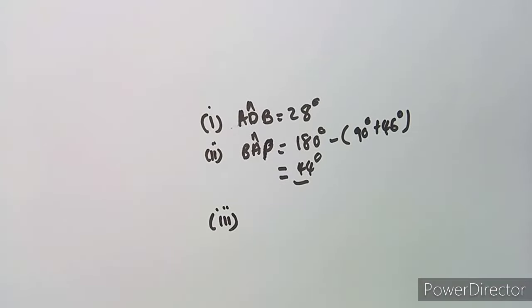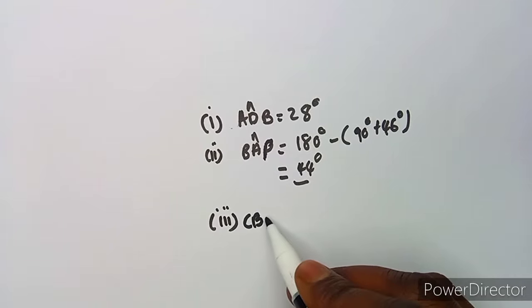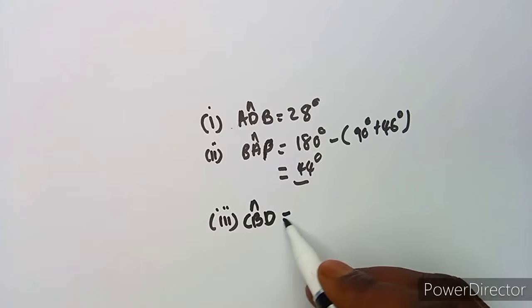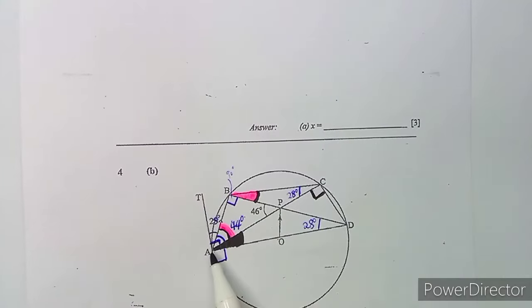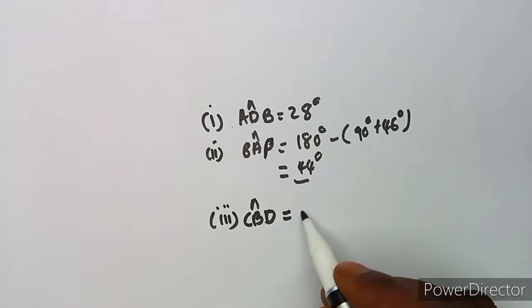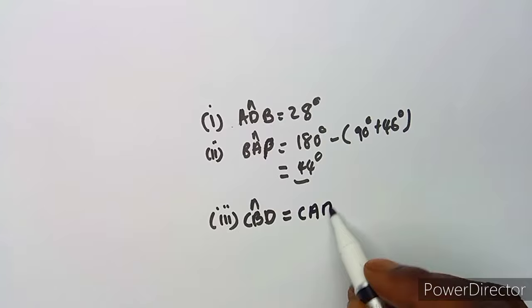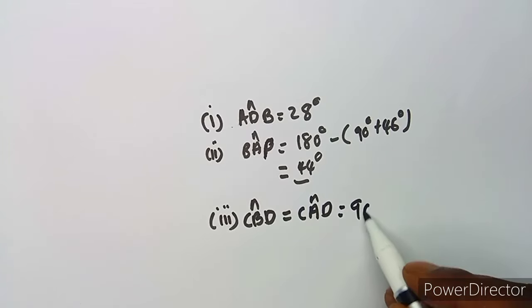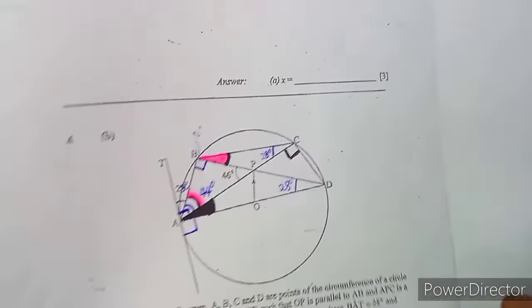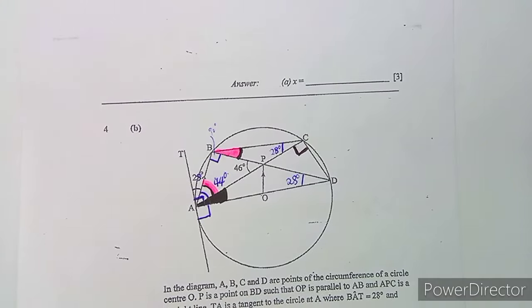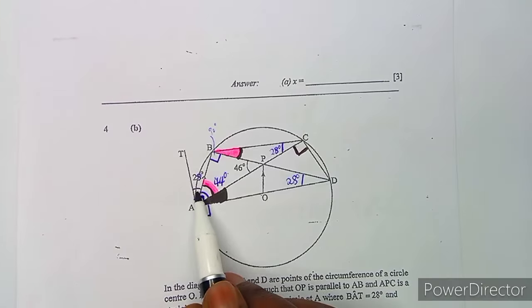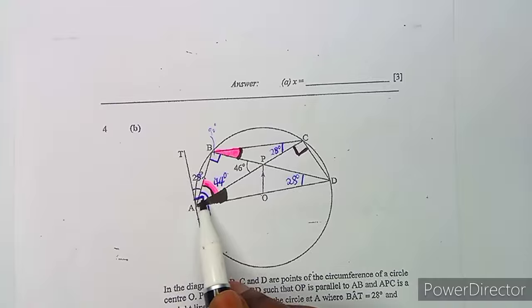So we say this is angle CBD. Angle CBD is equal to angle CAD, which is equal to 90 degrees minus these angles inside the triangle, which are creating the 90 degrees.